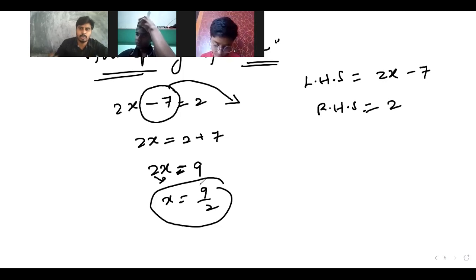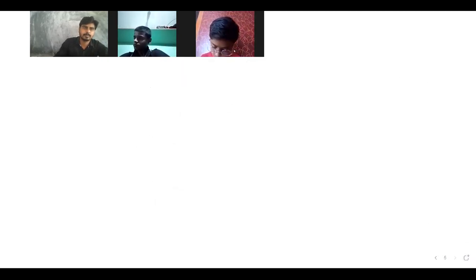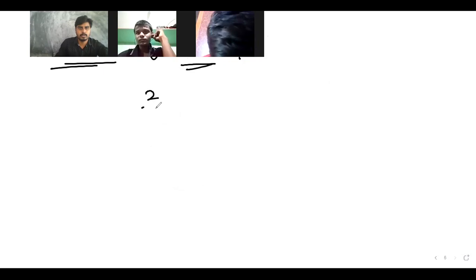Now let us get into transposing of division. See, 2 by x is equals to 5 we have. 2 by x is equals to 5.